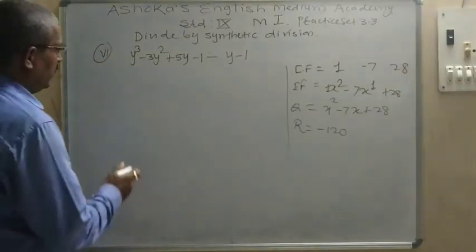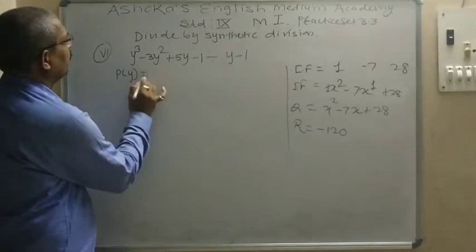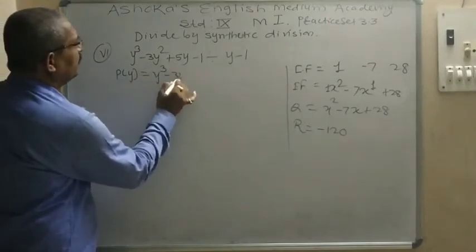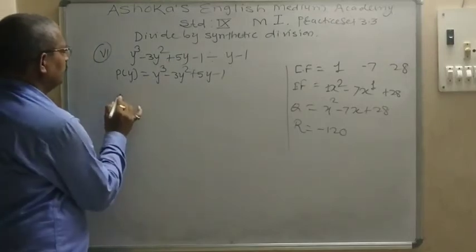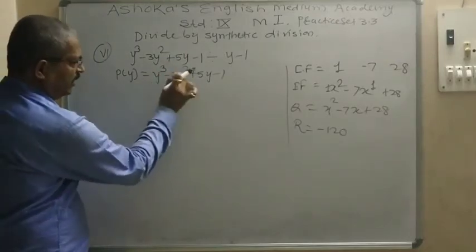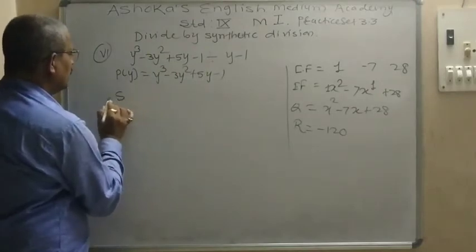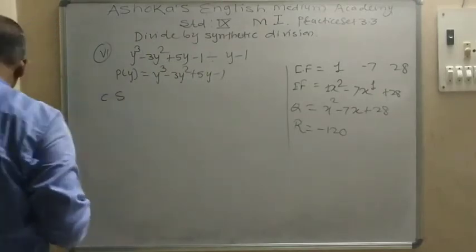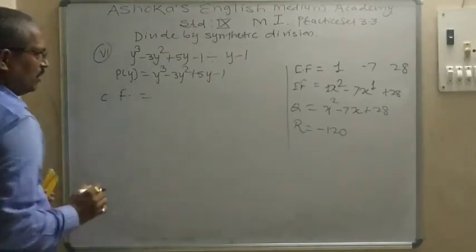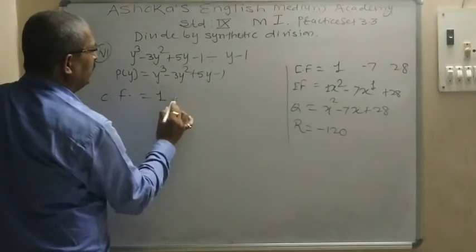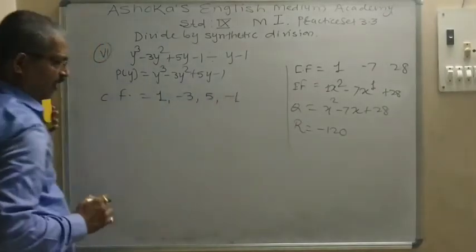Now look here, we will take this first P(y), y raised to 3 minus 3y square plus 5y minus 1, then 3, 2, 1, and constant term given. So already it is in standard form, so we should write in CF form. CF form: 1, minus 3, 5, minus 1.